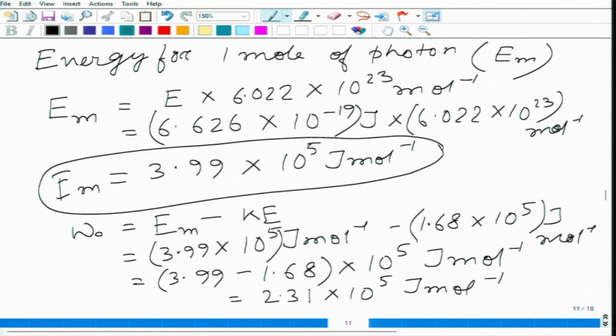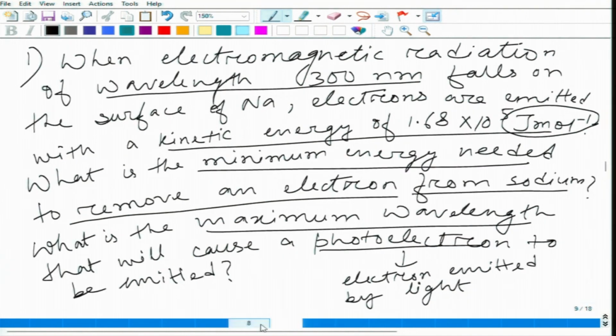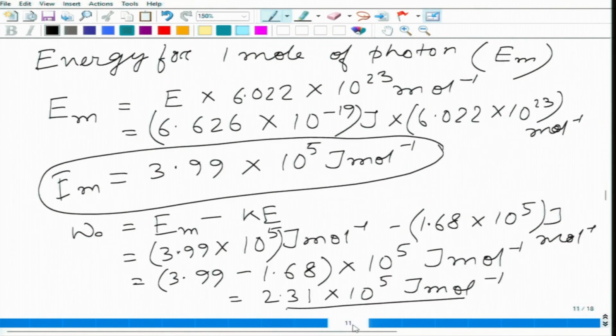Now, we have received this in joule per mole, but the question said minimum energy needed to remove an electron from sodium. They didn't say 1 mole of electrons.